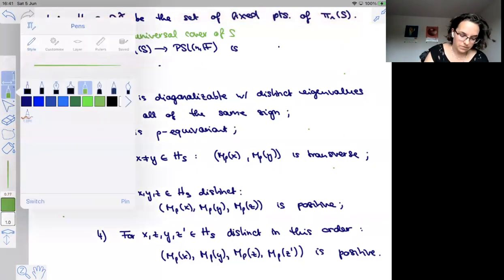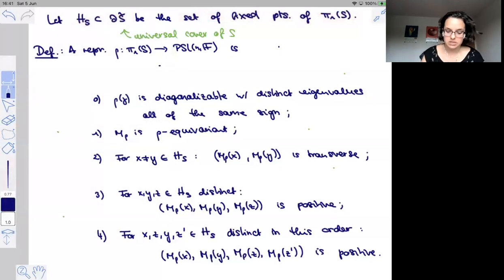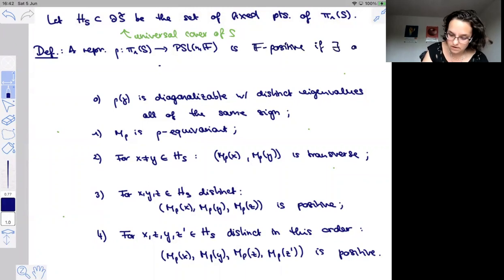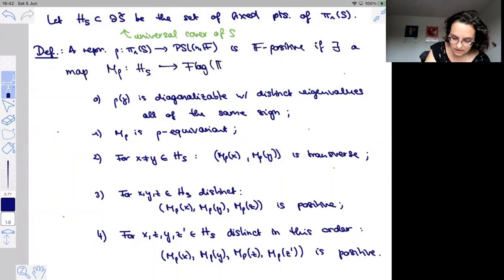And now we say a representation into PSLn F is F-positive if there exists a map M rho from the subset of fixed points into the full flags in F^n satisfying certain properties.